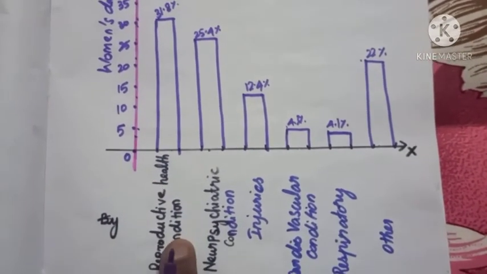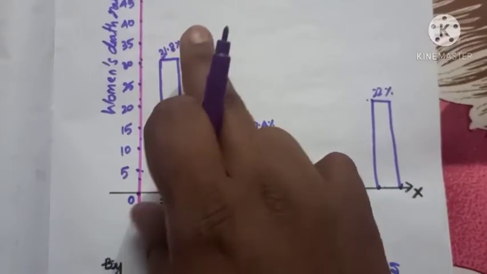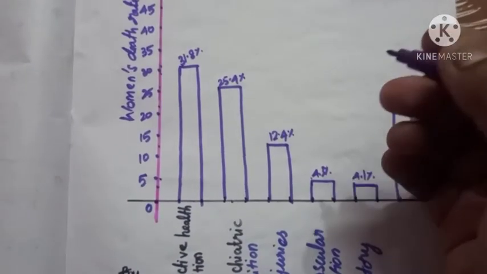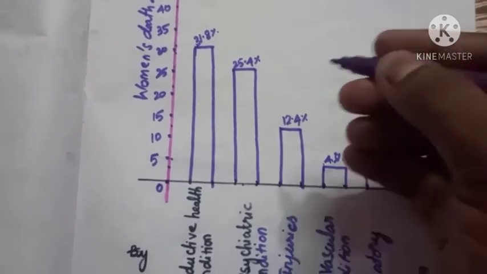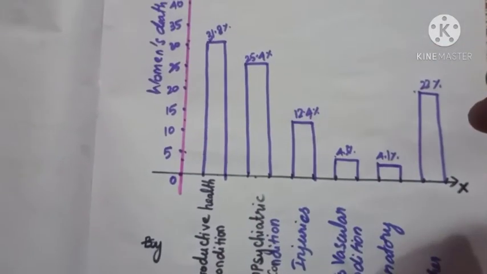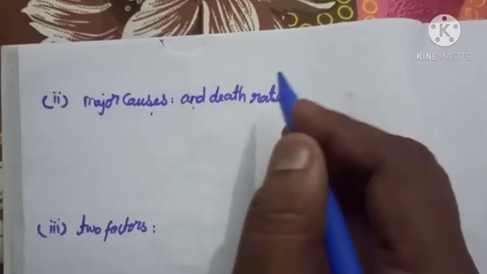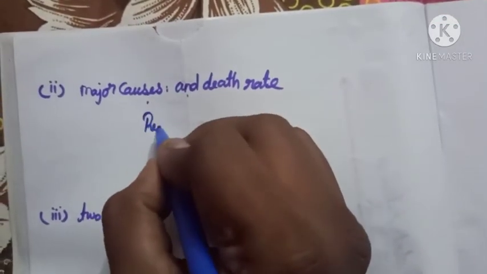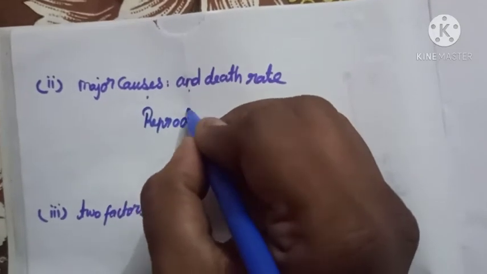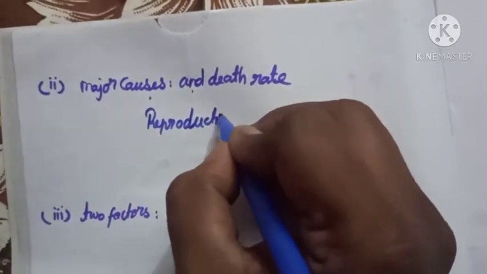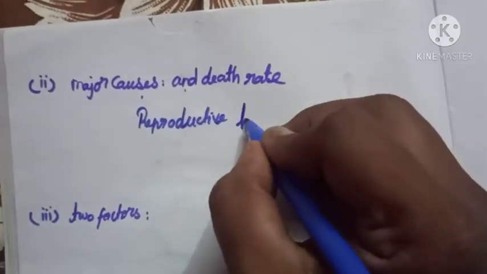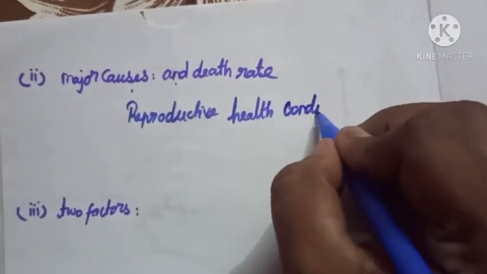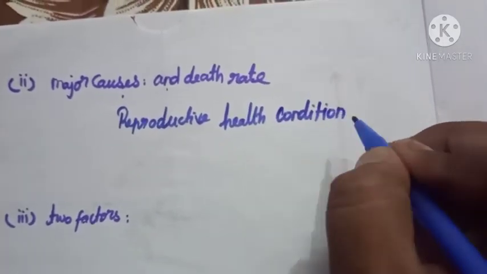Reproductive health condition worldwide accounts for 31.8 percentage of women's deaths. So the major cause and death rate: what is the major cause? The reproductive health condition is the major problem.